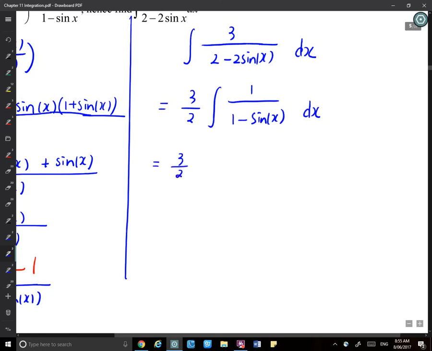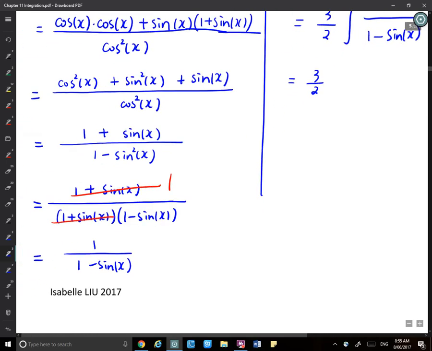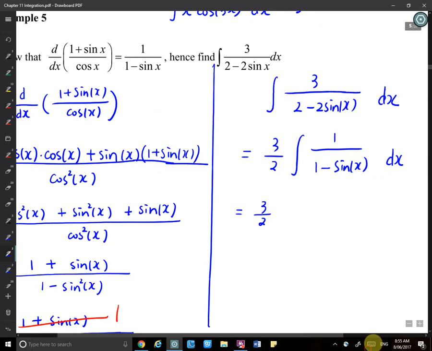So the integral of f dash x gives me my f x, so that's 3 over 2 times 1 plus sine x over cos x plus c.